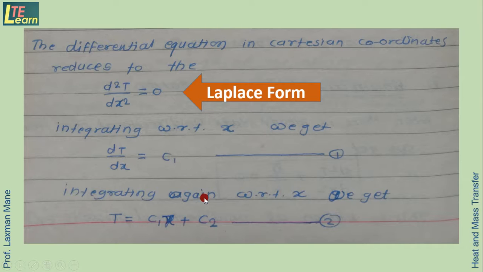Integrating the above equation once again with respect to x, the left side integration of dT by dx gives T, and the right side gives C1 into x, since integration of 1 is x, plus C2, the second integration constant. This we call equation number 2.